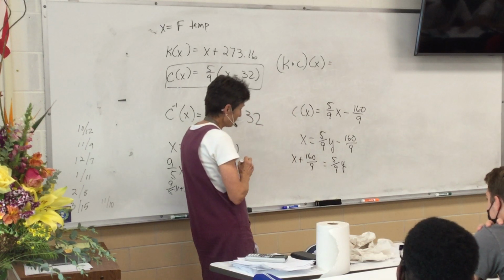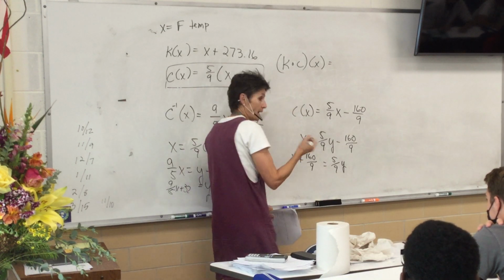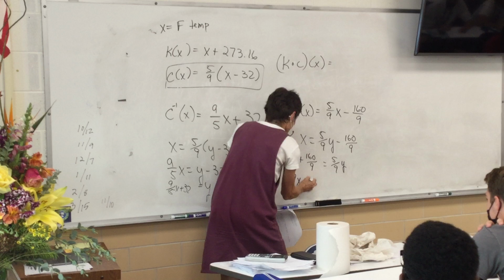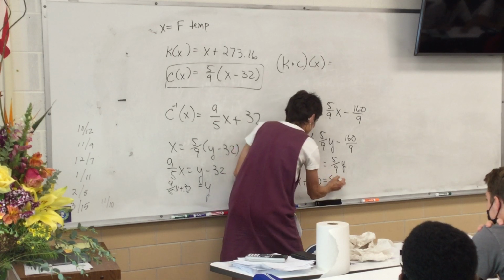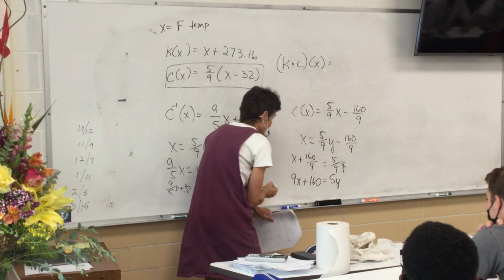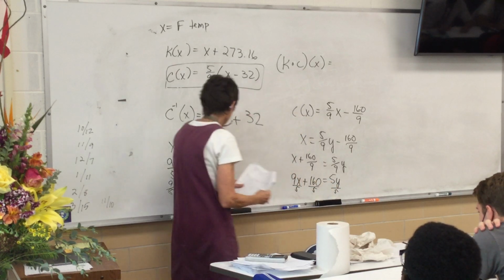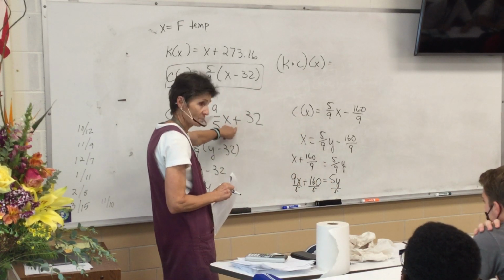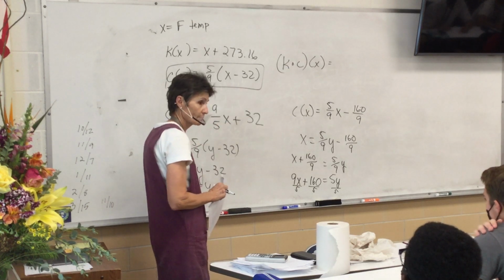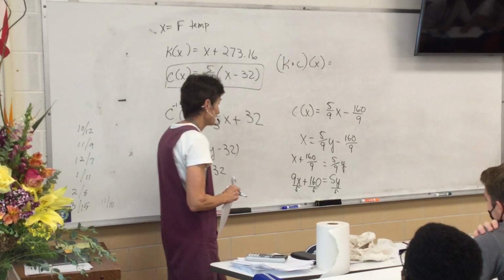And now I'm gonna multiply by 9, 9x plus 160 equals 5y, and divide by 5. So I'm gonna get 9/5 x plus 32. Same thing.